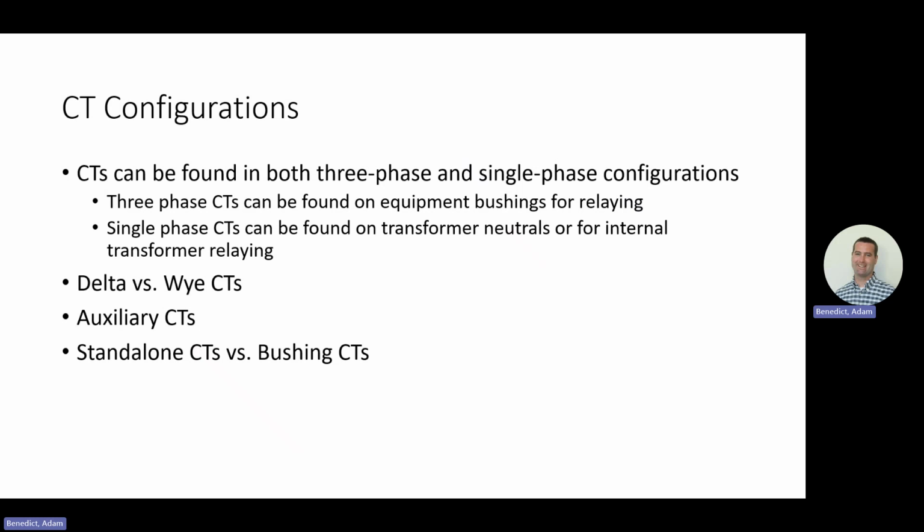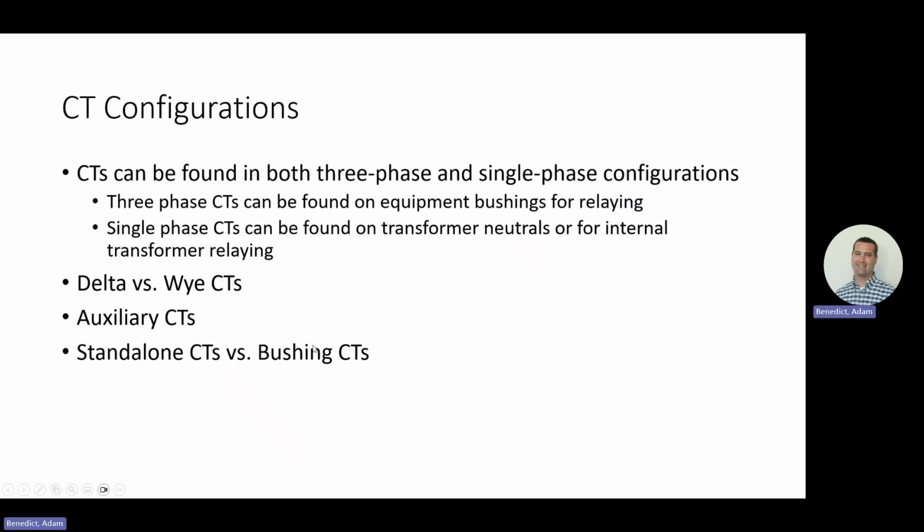And then DFRs, digital fault recorders, they use aux CTs. If you're doing a 1-to-1 ratio, that's generally for isolation between your primary and secondary relaying. If it's to step it down, it's usually for something like a digital fault recorder, or an RTU, or some type of monitoring device.